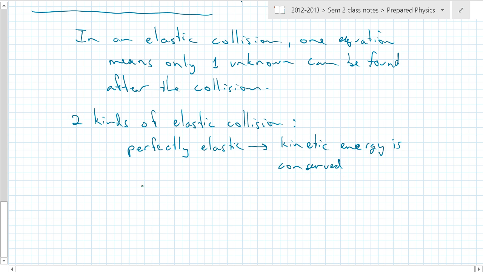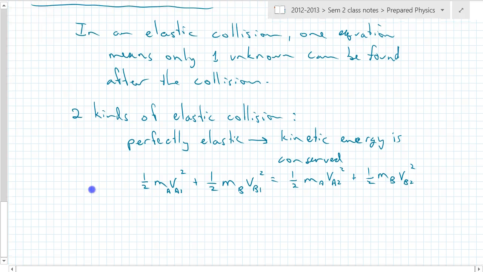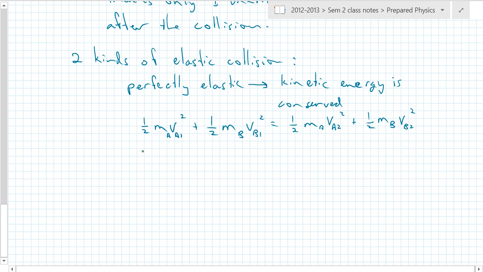In which case we have also 1/2 MAVA1 squared plus 1/2 MBVB1 squared equals 1/2 MAVA2 squared plus 1/2 MBVB2 squared, along with conservation of momentum, MAVA1 plus MBVB1 equals MAVA2 plus MBVB2.